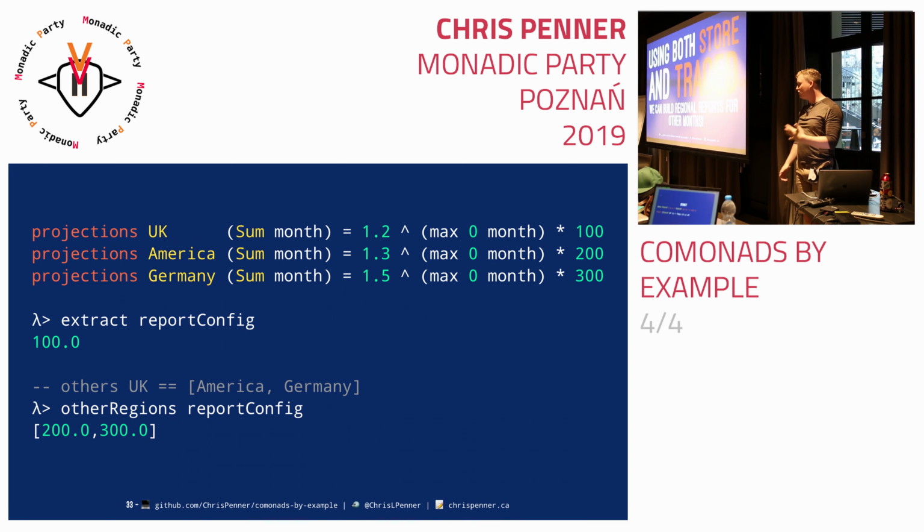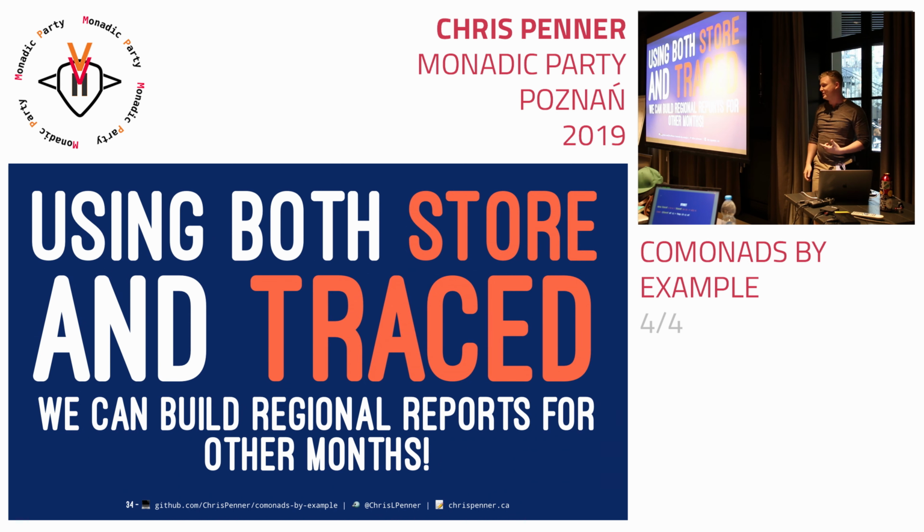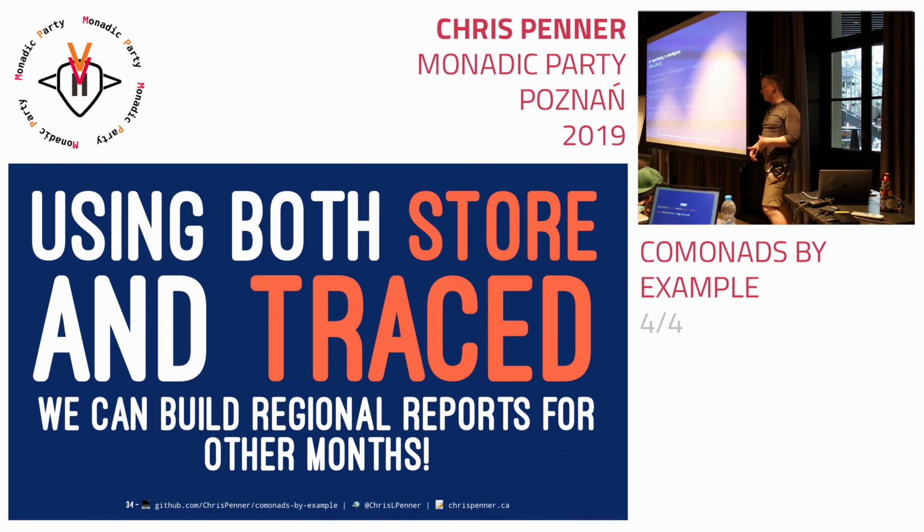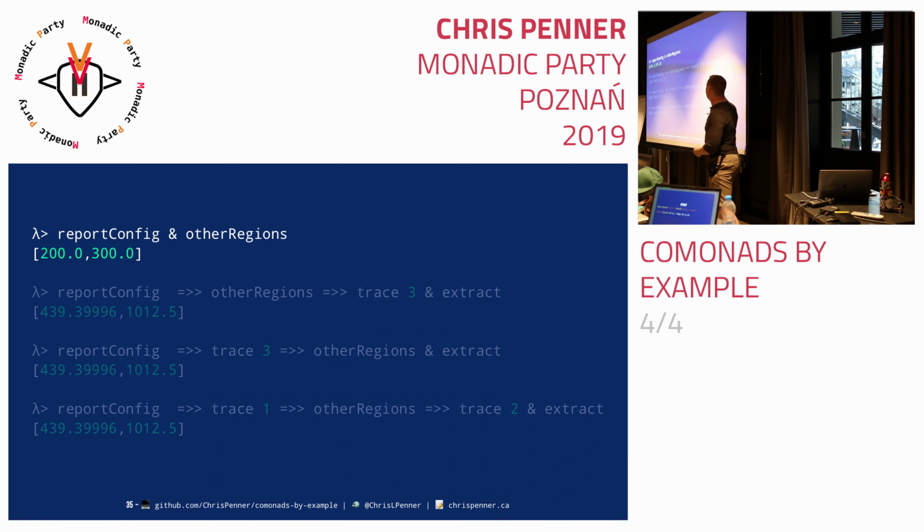Okay, so now we can use both store and traced at the same time, and we can build other regions reports for other months. Okay, these capabilities stack on top of each other. So given our report config, we can run it through this other regions thing, and we see, okay, we just get projections for other ones.